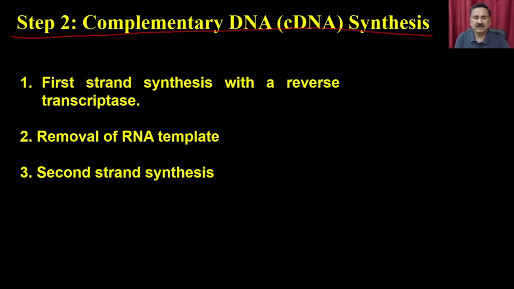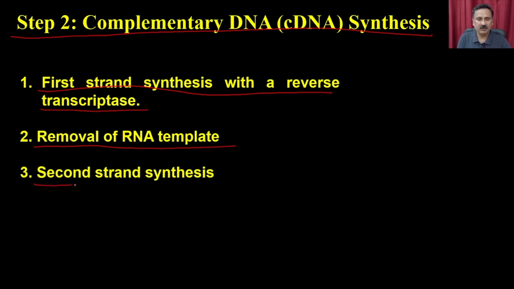Complementary DNA synthesis is a 3-step process. In step 1, you synthesize the first strand with the help of reverse transcriptase. In step 2, you remove the RNA template, and in the third step you synthesize the second strand.